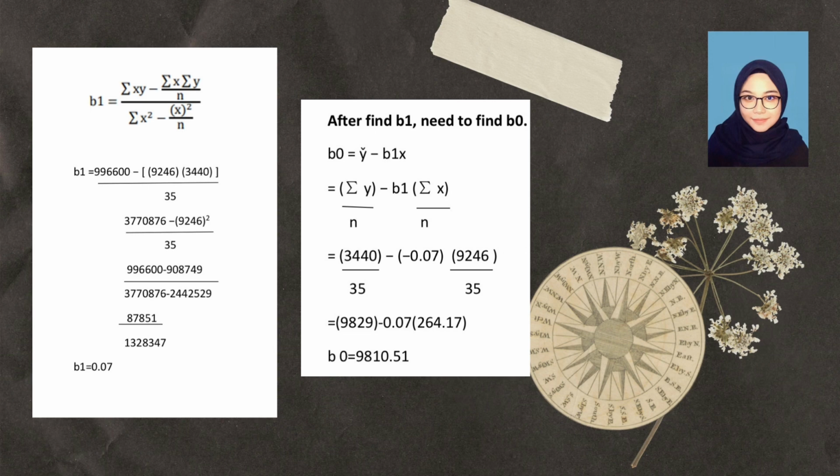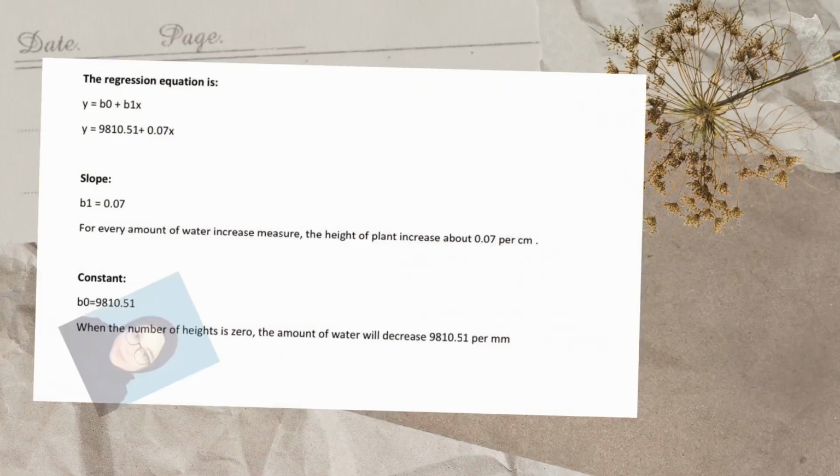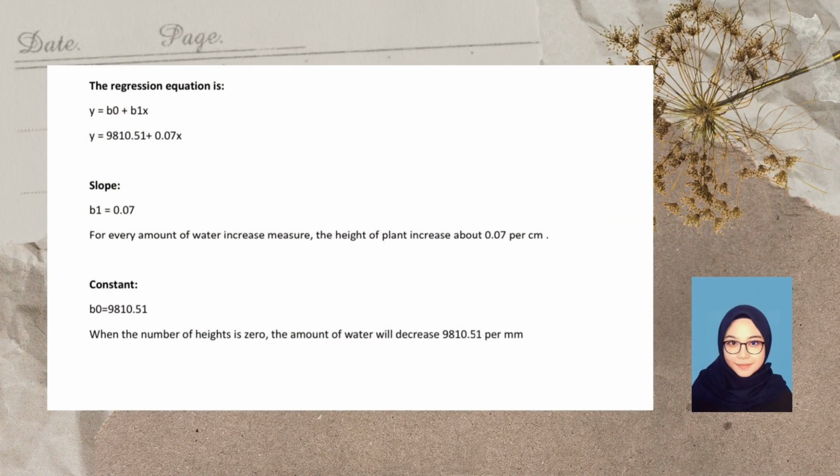The value we got is 9810.51. And for the regression equation, the formula is y equals b0 plus b1x, and we got y equals 9810.51 plus 0.07x.